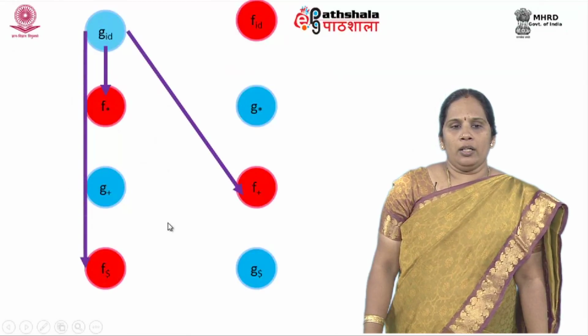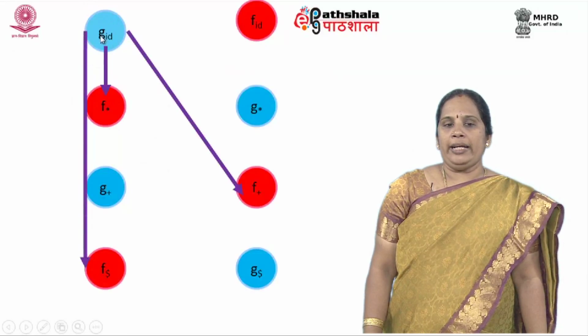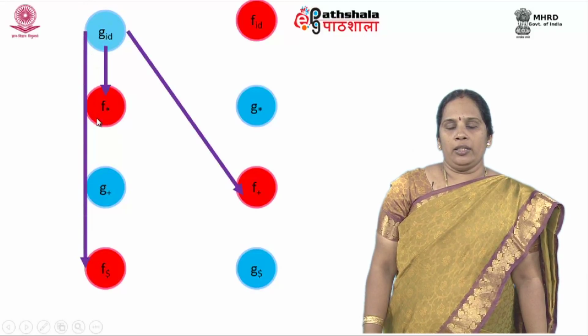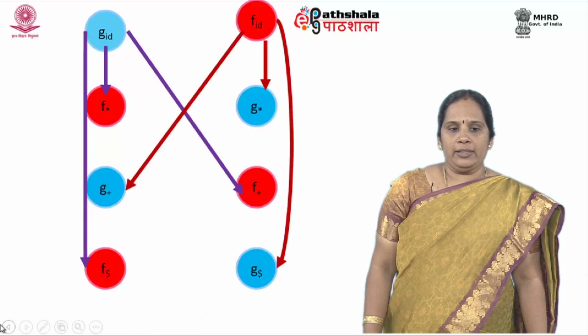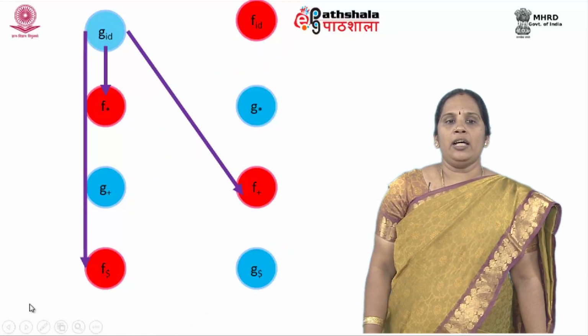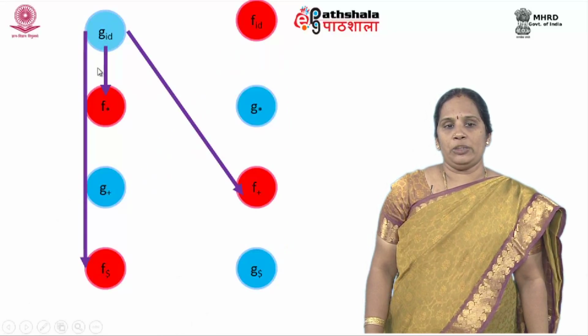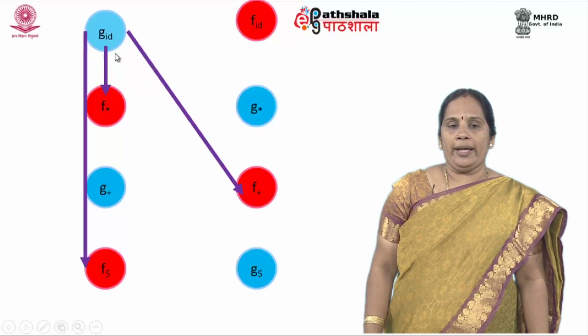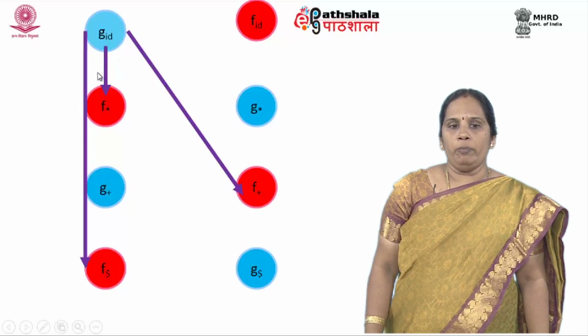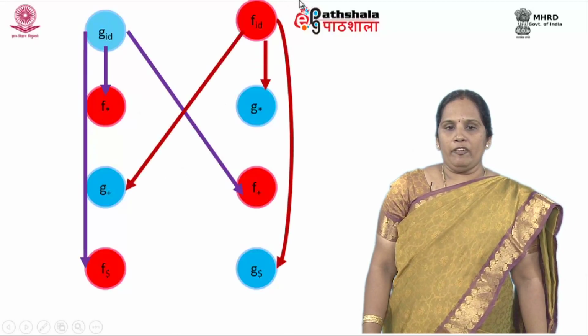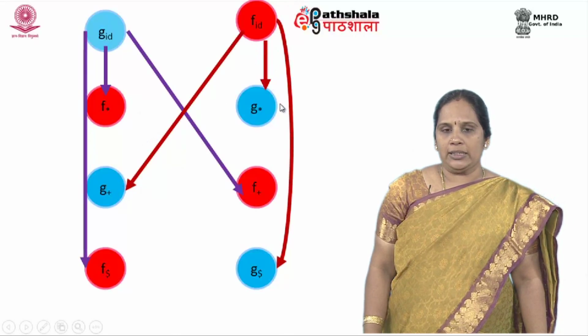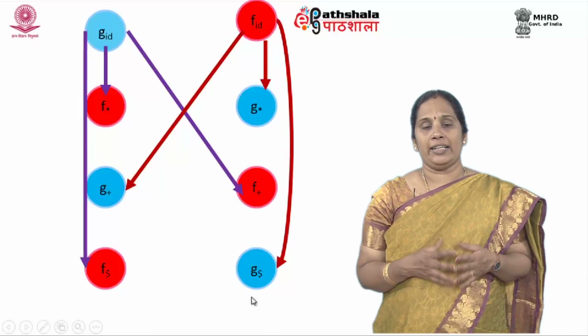Now, we know that, when you remember the precedence table, the precedence table is constructed such that id has got greater than relationship than plus, star and dollar. So, I have an edge from id to plus, id to star and id to dollar. Similarly, f id to g plus, g star and g dollar, whether it is f or g does not matter.